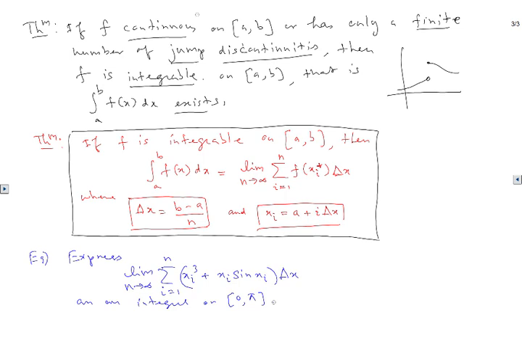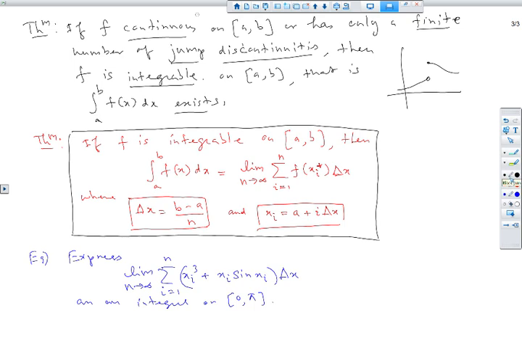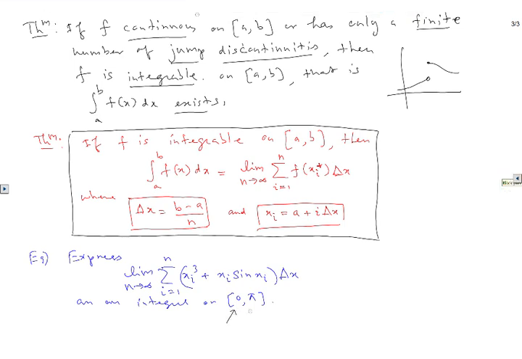So how do I write this as an integral? What are the things we need to understand? What's the starting value and what's the ending value? In this problem it's very clear. Your starting value is a equals 0, and the ending value b equals pi. That's the lower limit and the upper limit.